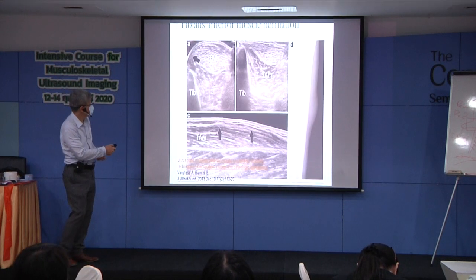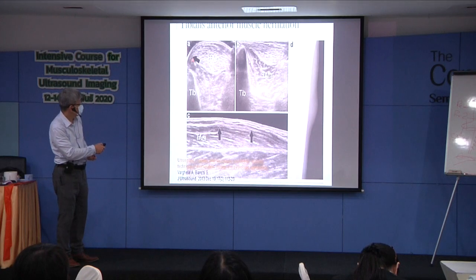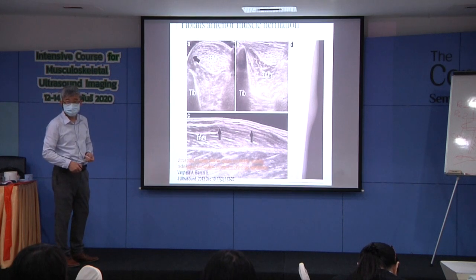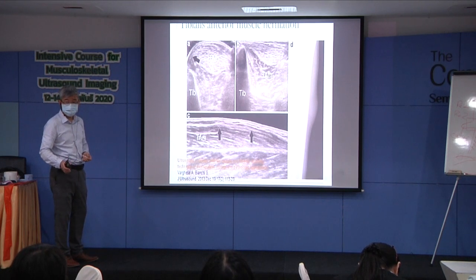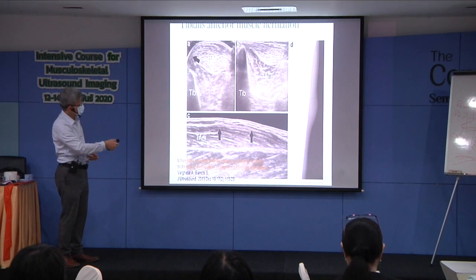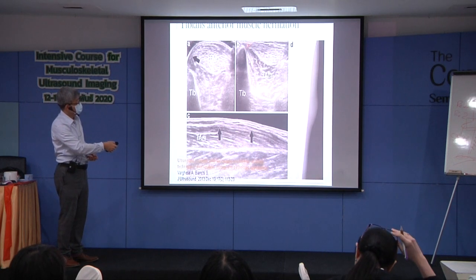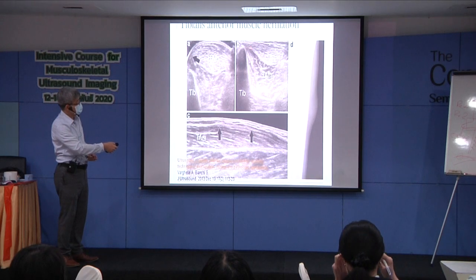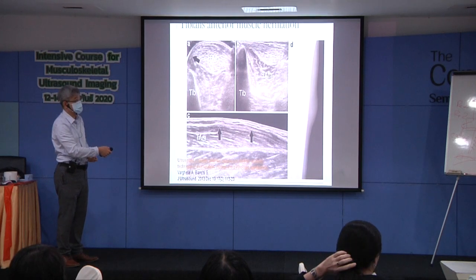If the muscle moves and the border of the tibialis anterior moves away from the tibia, that's the herniation. And you can use the 7th scale, compress and make the attachment of the tibialis anterior go back to the tibia.